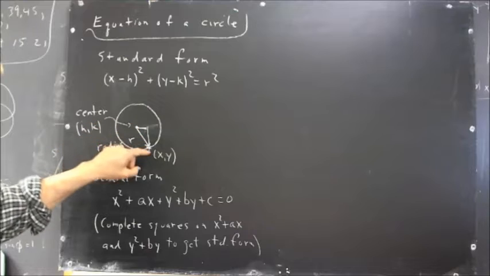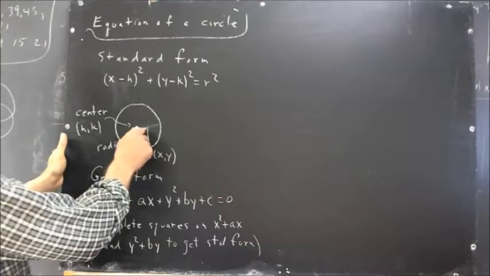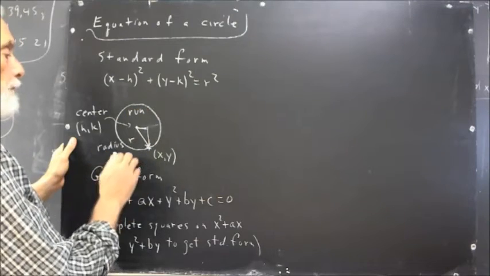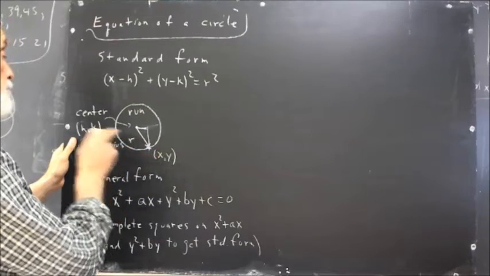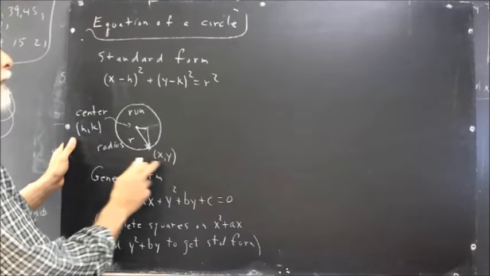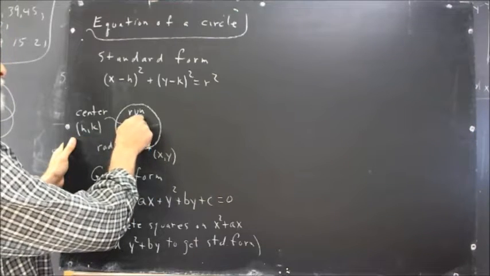What's the distance from here to (x, y)? Well, the run is what? It's the difference of the two y coordinates, this point and this point, y minus k.